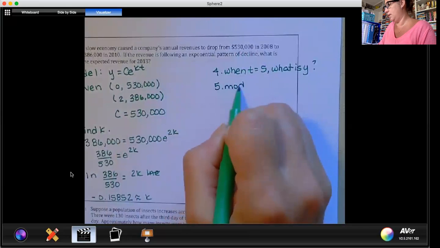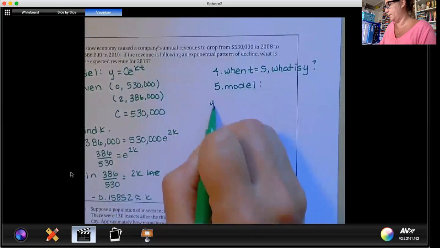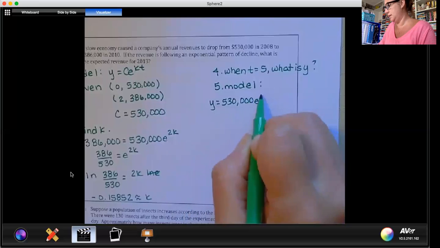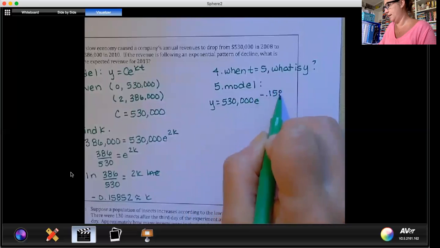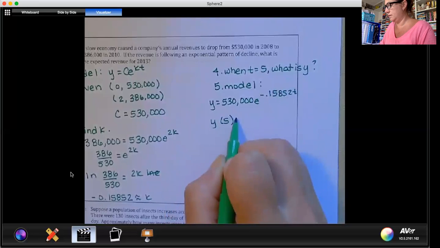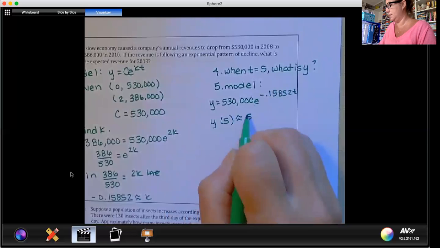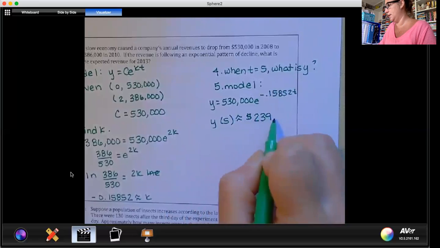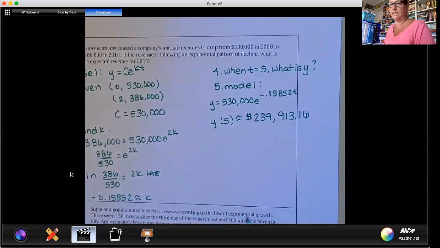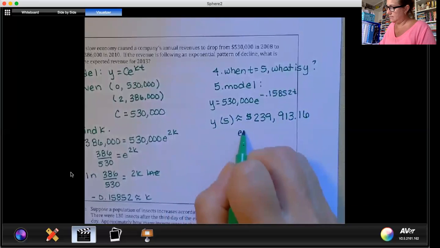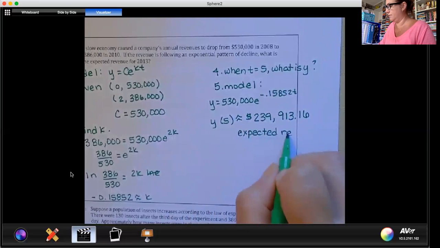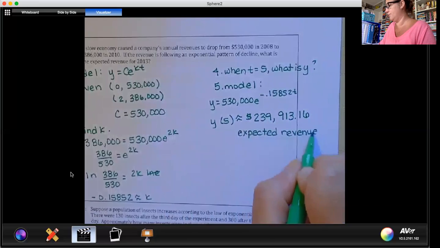So we're going to use our model to solve. y equals 530,000 e to the negative 0.15852t. y of 5, plugging in 5 for t, is approximately $239,913.16. And this is the expected revenue for 2013.